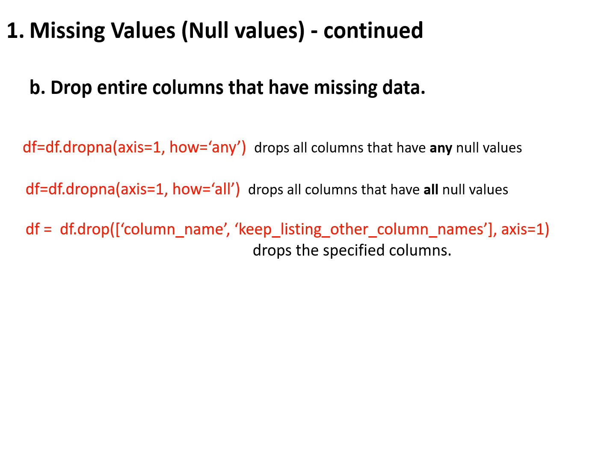Okay, and here's one where instead of dropna, we're just saying drop. And then we also see that we list column names. So here in the square brackets, I have column name, and you would replace that with whatever the column name is. And then a comma, and then I have another string in there saying keep listing other column names. I'm just trying to show that you could list 5 different column names in there if you want to.